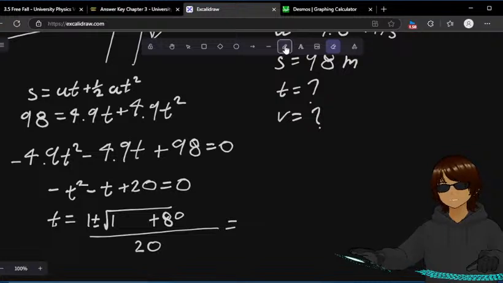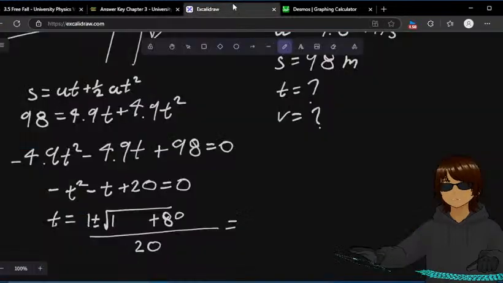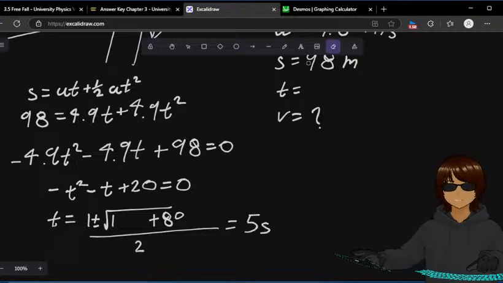If it was plus 9, you would have 9 plus 1, 10, divided by 20 would give us half, but it's not half. So 10 divided by 2 would give us 5 seconds. This is correct.